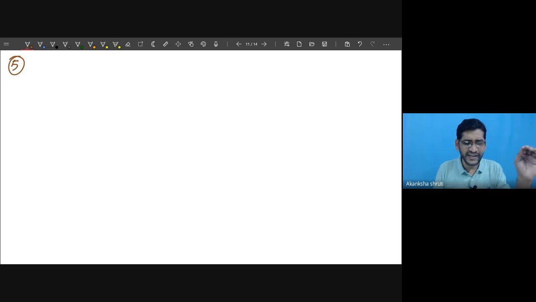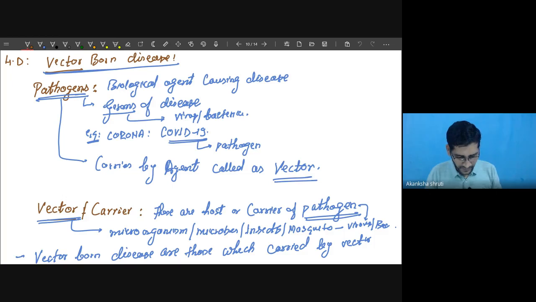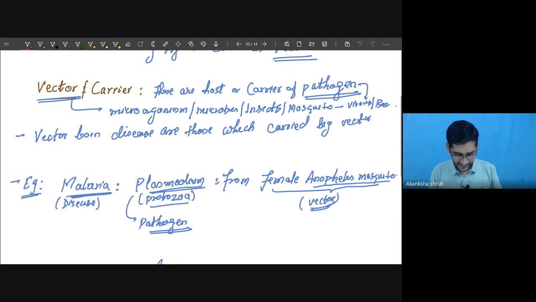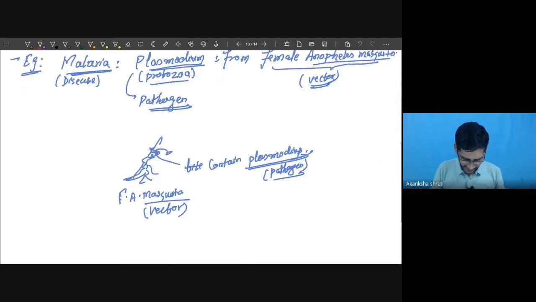The fifth category is based on infectious agent. So student, these pathogens are basically the infectious agents, or these vectors are infectious agents. So what are the various agents? Based on that we are going to divide. Getting it? So we may write here various agents.